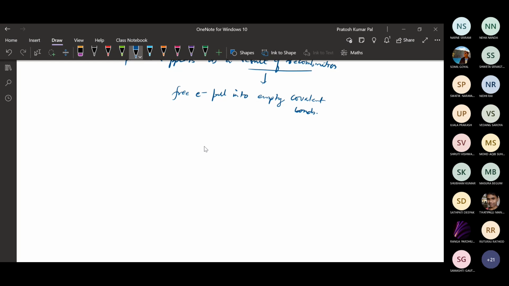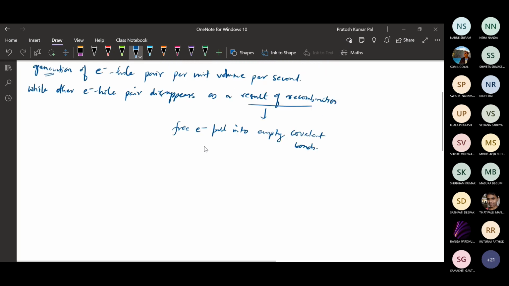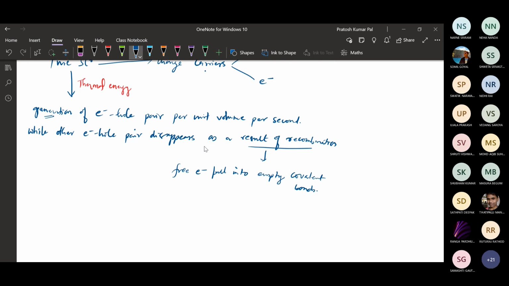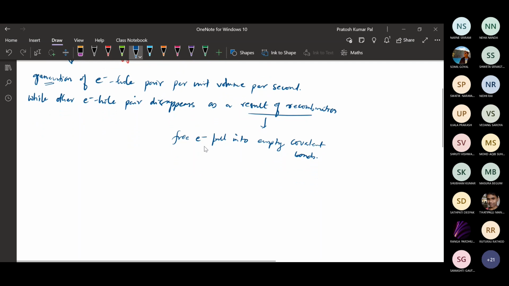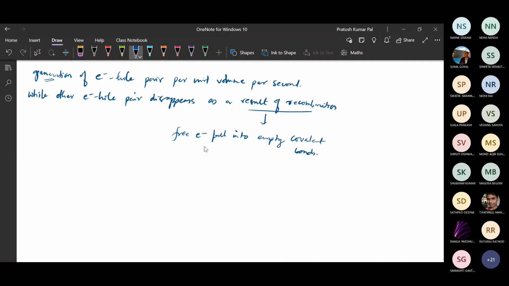So here, electron hole pairs have been generated by applying thermal energy, and once we have removed the thermal energy, the electron hole pair recombination is going to take place such that the final concentration at equilibrium will reach the same value that it had initially, before applying the thermal energy.